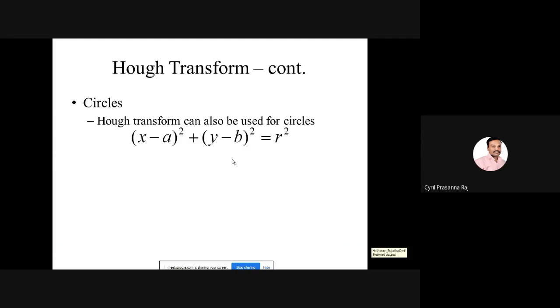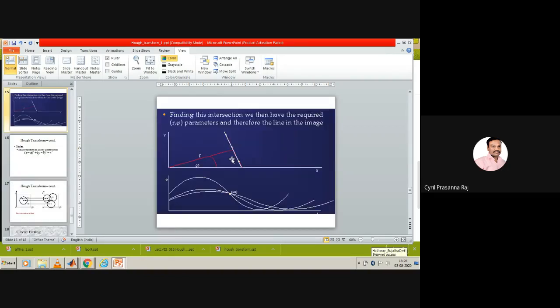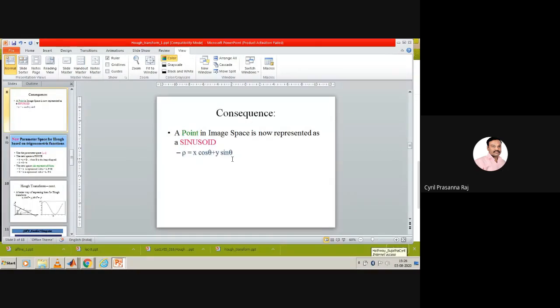Let us come back to the logic now. What is the Hough transform? In the Hough transform you transfer the image from the xy coordinate system to a system called parameter space, wherein the coordinates are not xy but rho and theta. And we also know what rho and theta are. This is the relationship between your input x and y, and your parameter space, that is rho and theta.